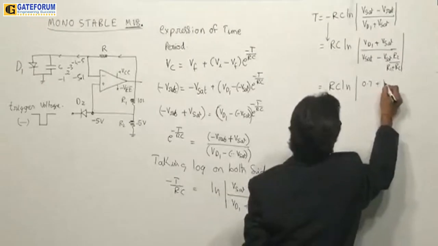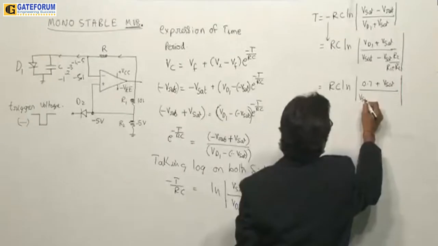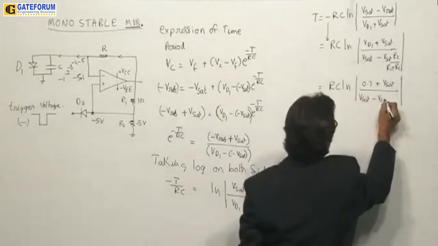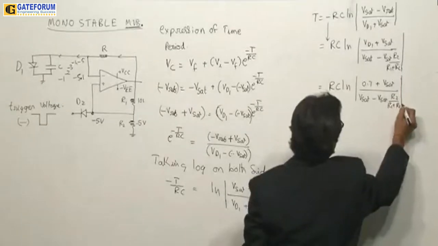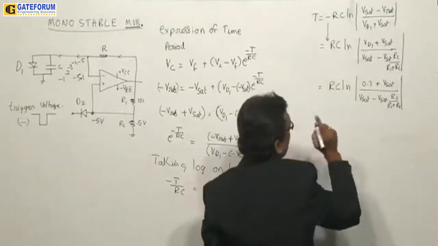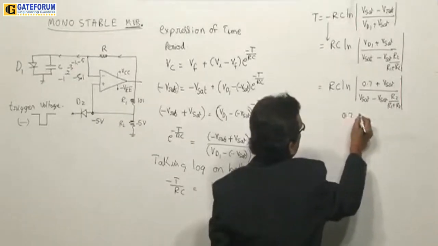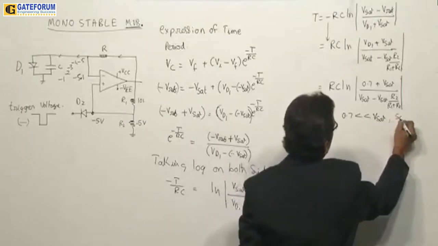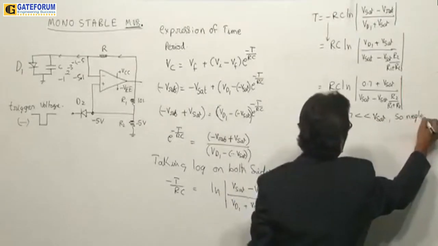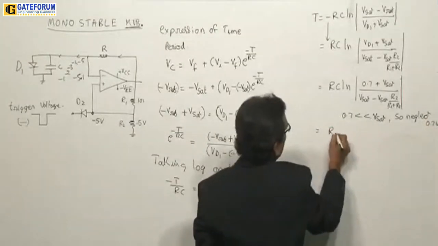This will be 0.7 volts plus Vsat, whole divided by Vsat minus Vsat times R2 divided by R1 plus R2. So now I am going to get it like this. Here 0.7 is much less than the Vsat value, so neglect 0.7 volts.